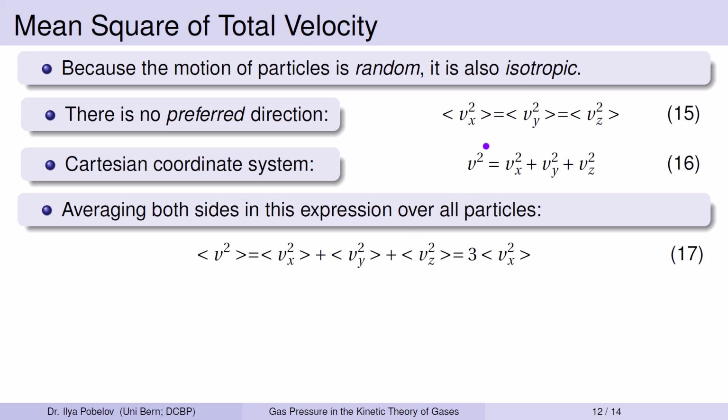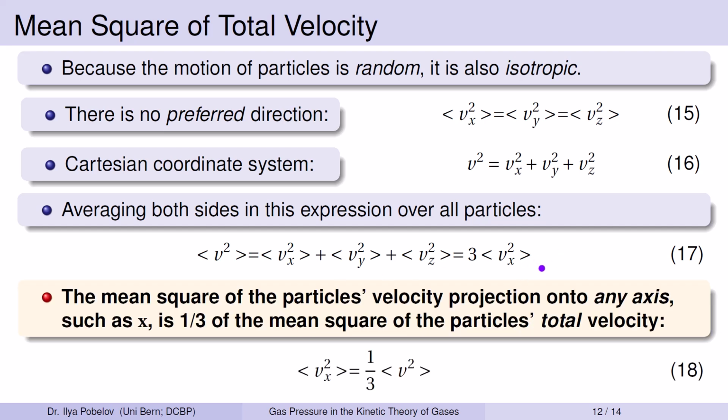Considering that the mean squares of all velocity components are equal, the mean square of the total velocity v is 3 times the mean square of the particle's velocity projection onto any axis, such as x. The important conclusion that we draw from here is that the mean square of the particle's velocity projection onto any axis, such as x, is 1/3 of the mean square of the particle's total velocity v.